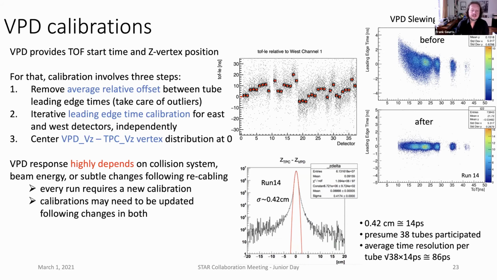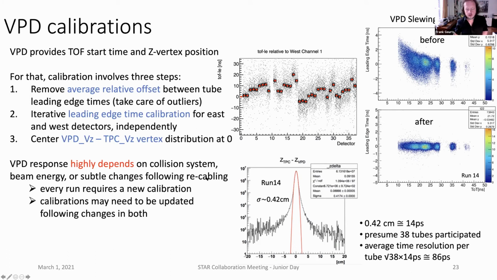You need to then do, again, the leading edge slewing correction. You can see here that if you don't correct for this, again, look at the scale, nanoseconds, that smaller signals really come in substantially later than they should. Once you correct this, you can see that as a function of the time of a threshold, the signal height, you don't see any changes in the leading edge timing.